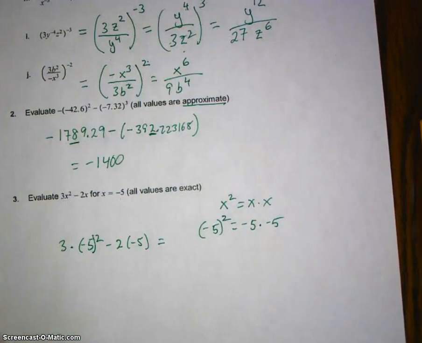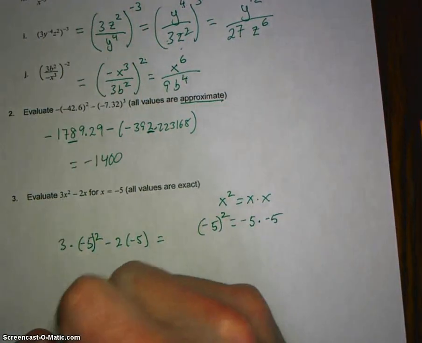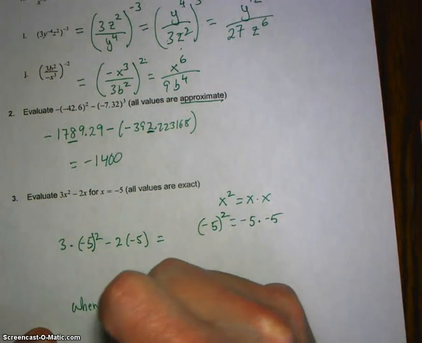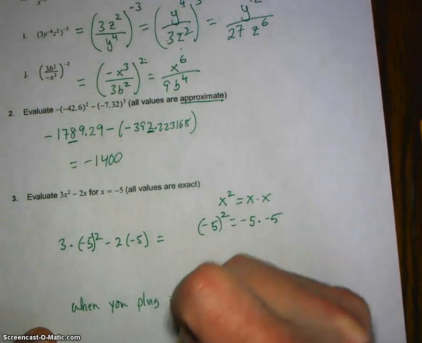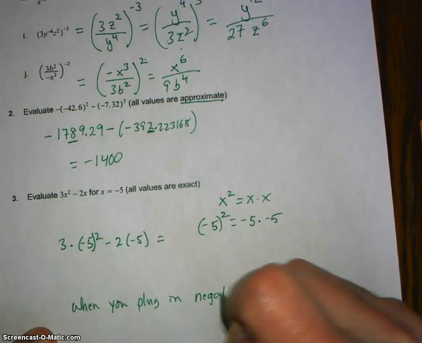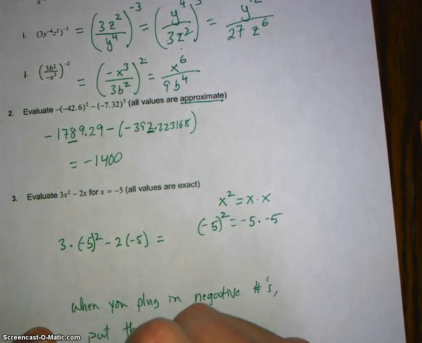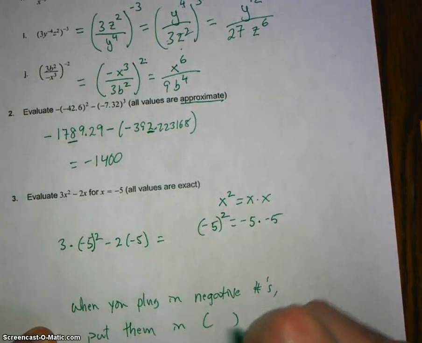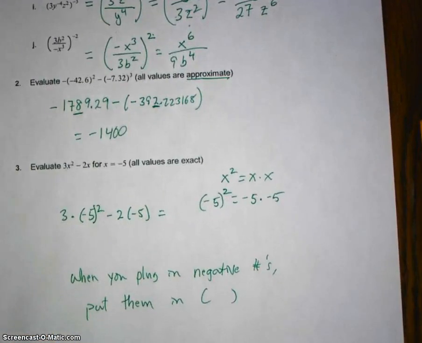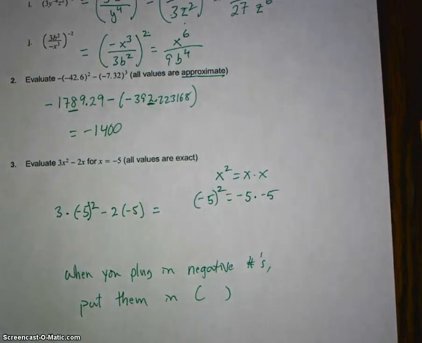So this is a really, really good rule of thumb. I'm going to write it even. When you plug in negative numbers, put them in parentheses. And that way you will follow the order of operations correctly.